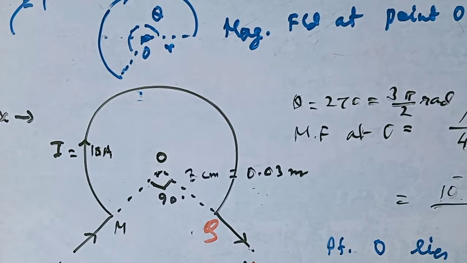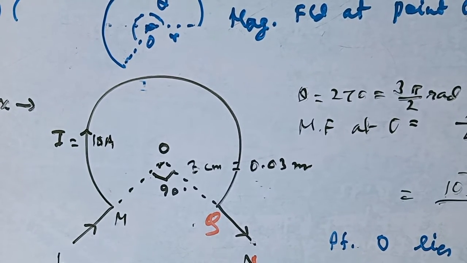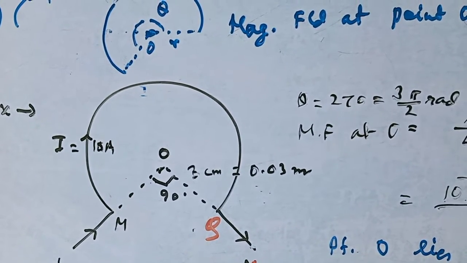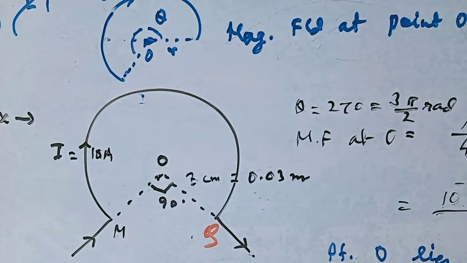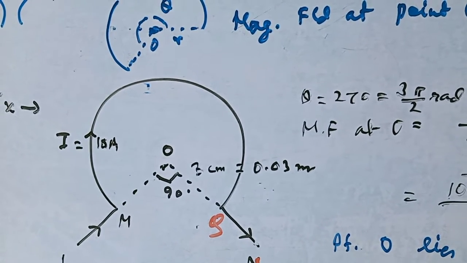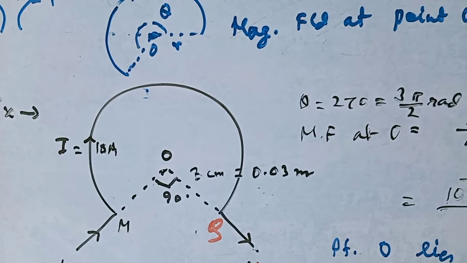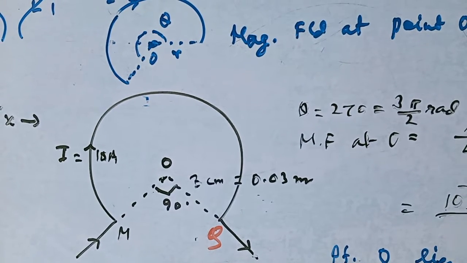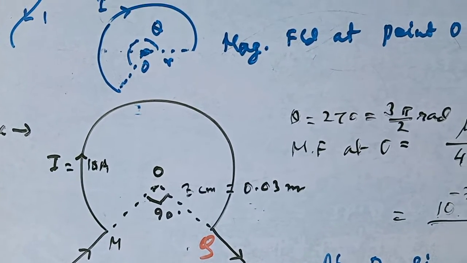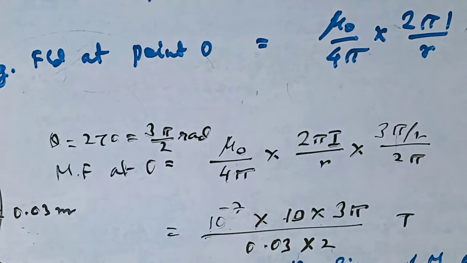Now in this diagram, theta is equal to 270 degree, because this outward angle is 90 degree, so the angle made by the arc at the center of the circle is 270 degree, 360 minus 90. Now 270 degree means 3 pi by 2 radian.